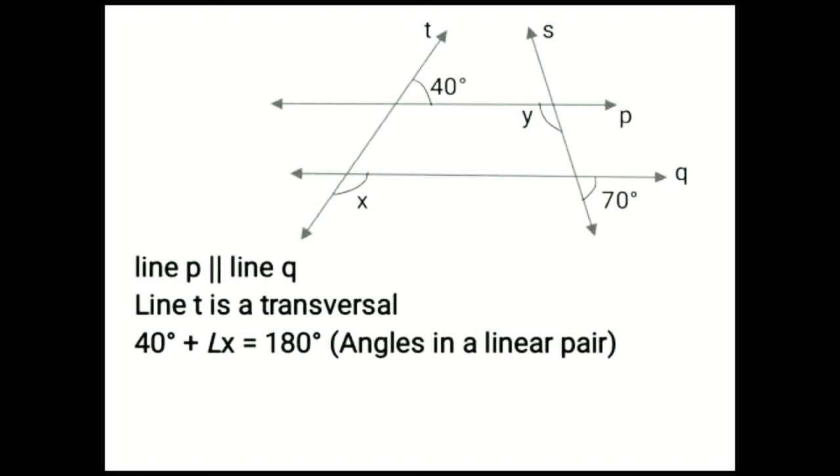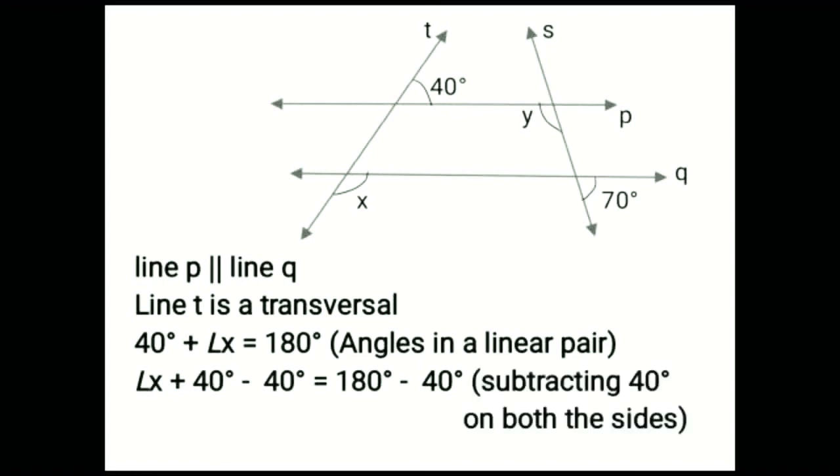If the equation is in addition, it becomes subtraction. The number on the left side, you have to take it to the right side in subtraction form. That is, angle X plus 40 degree minus 40 degree is equal to 180 degree minus 40 degree. Reason is subtracting 40 degree on both the sides.